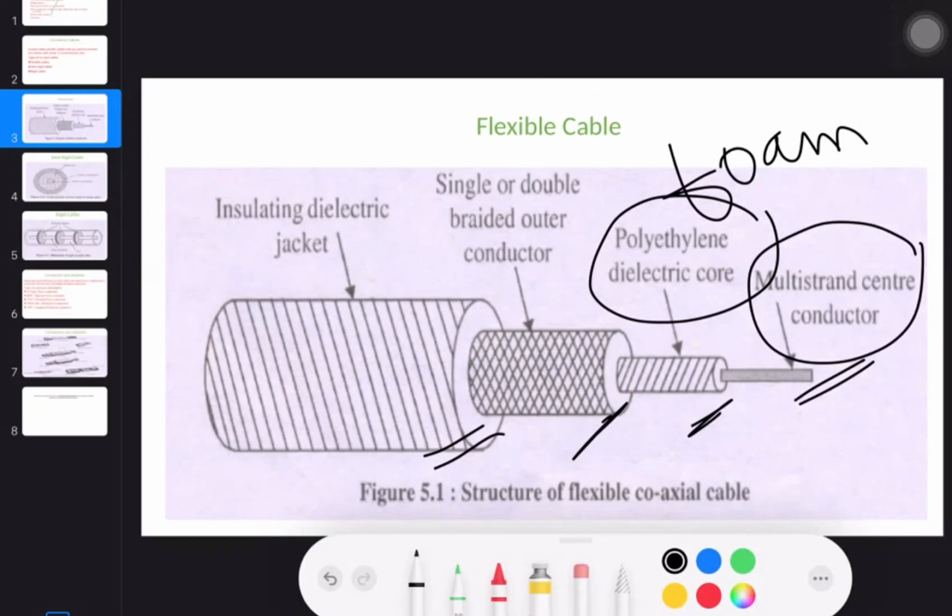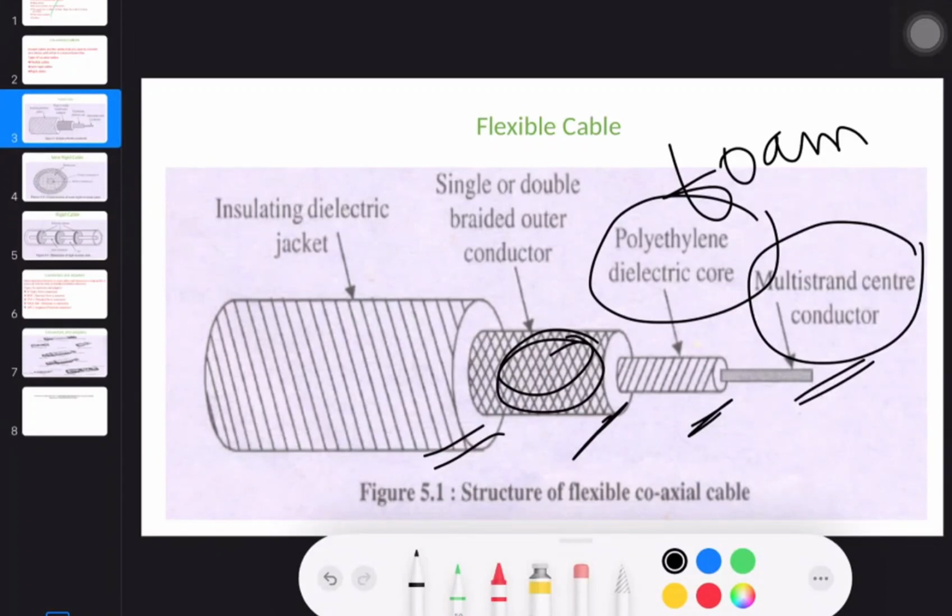And above this dielectric material, we have the single or double braided outer conductor. Depending upon the thickness of the conductor, we decide whether it is single braided or double braided. Single braided means a single layer of mesh, double braided means a double layer of mesh. And finally, we find the insulating dielectric jacket.